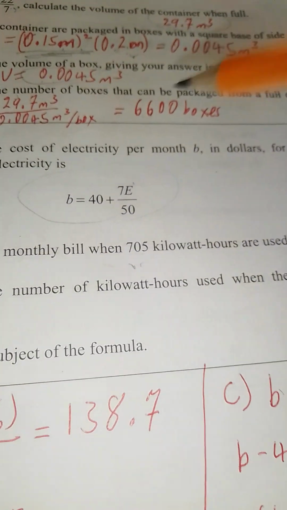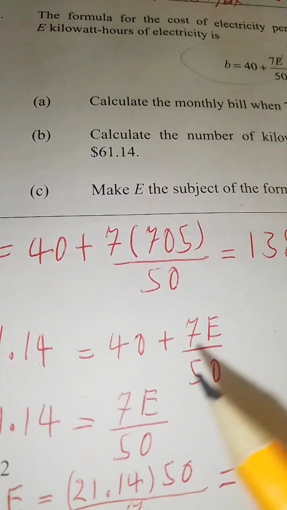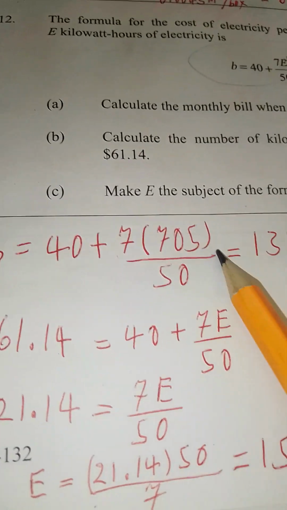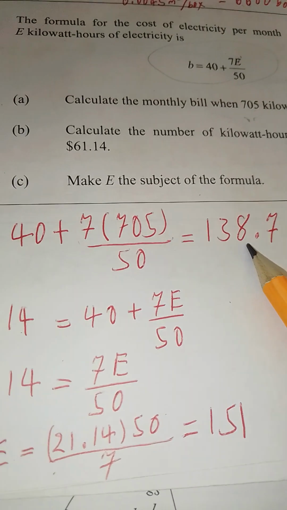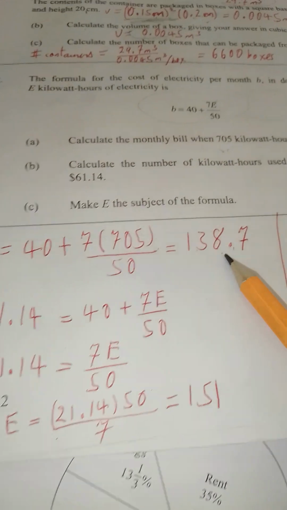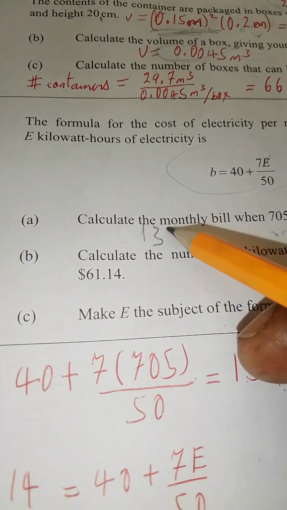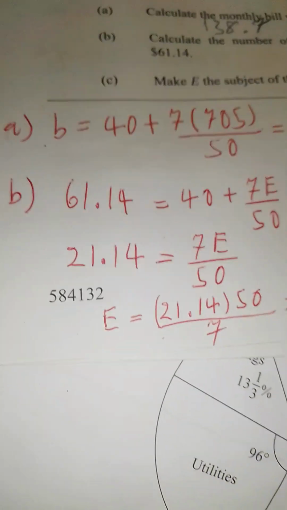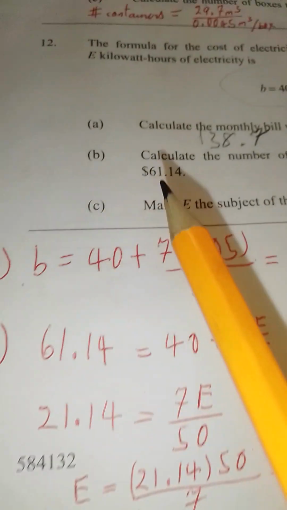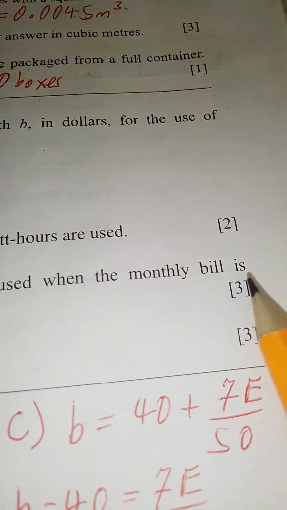So this can be 705 right here, sorry about that. I just plug that in, put it into my calculator, and I end up with $138.70. So the bill is going to be $138.70.